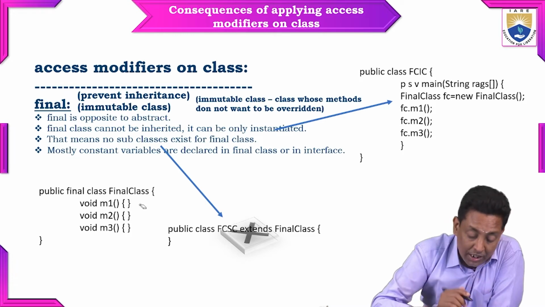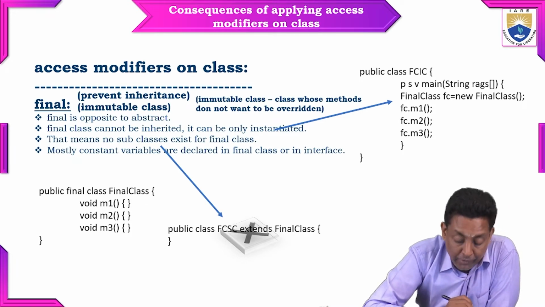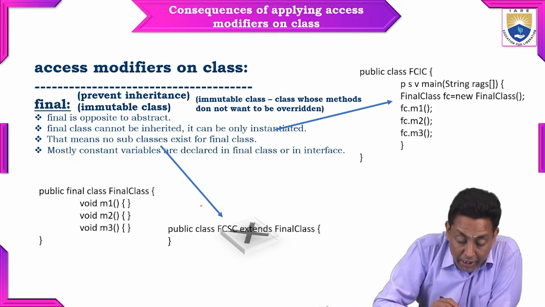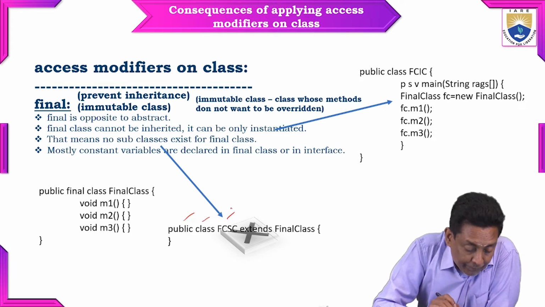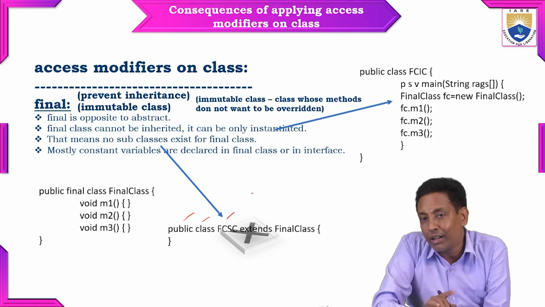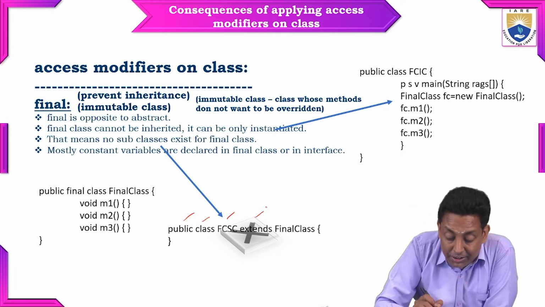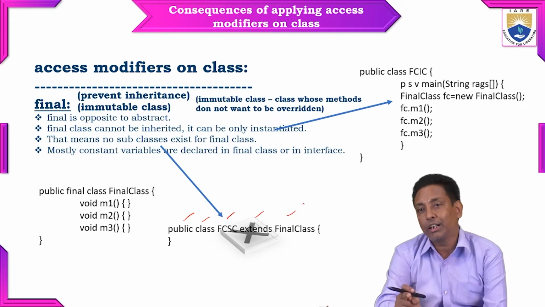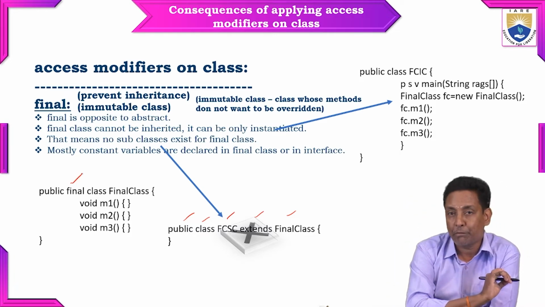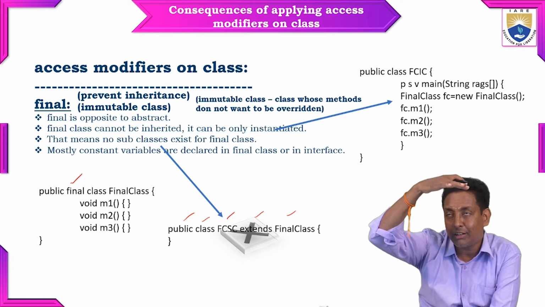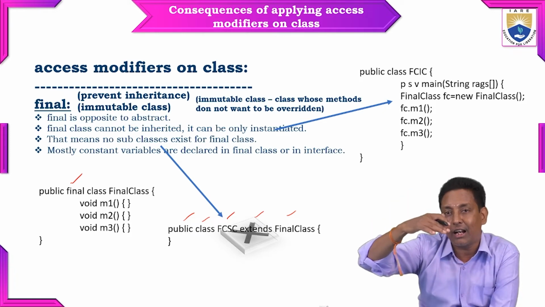Once the class is declared as a final class, you should try to inherit from the final class. How? Public class FCSC. FCSC means, as you already know, final class subclass. Extends final class. The class is declared as final, that means that final class is the last class in the hierarchy.